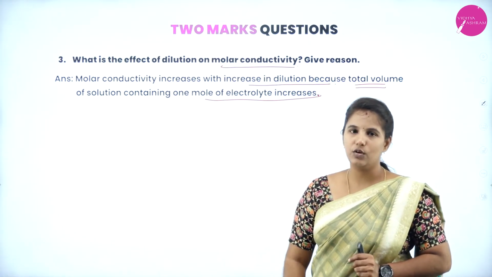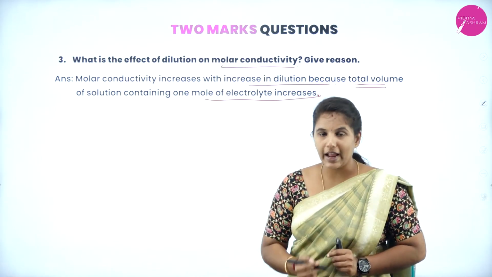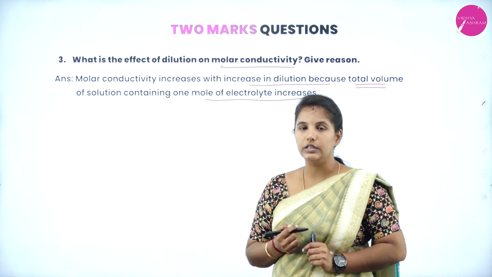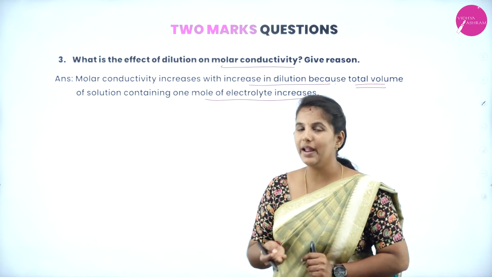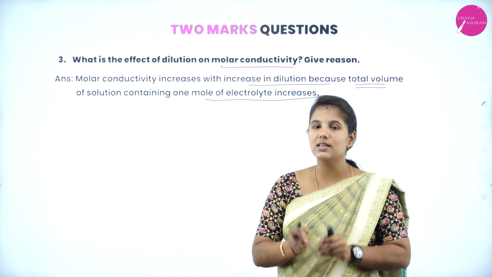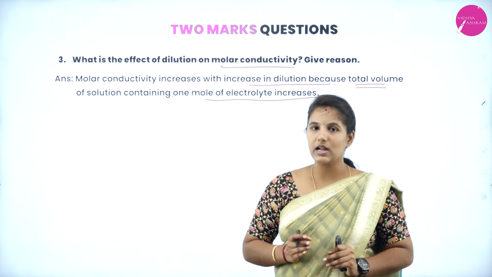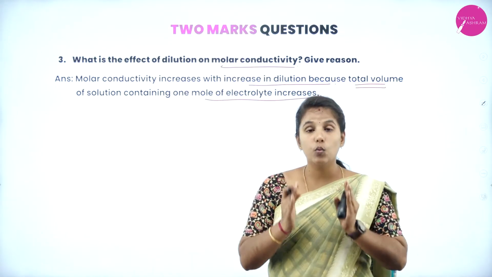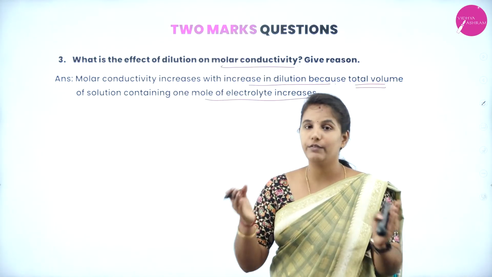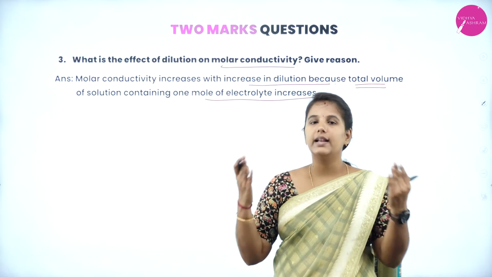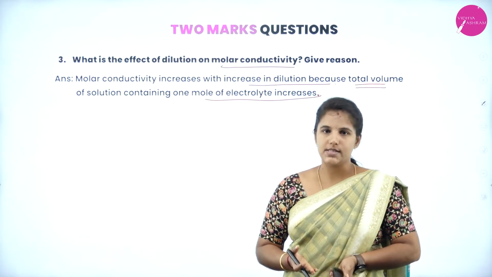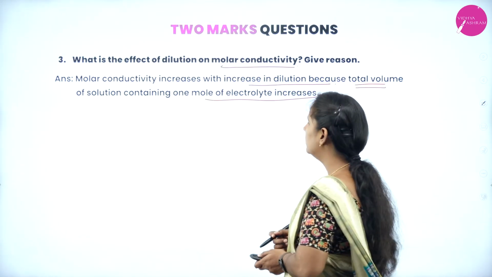That is why, even if you dilute the solution, molar conductivity will increase. Why does it increase? Because in molar conductivity, we have taken 1 mole of an electrolyte. If you dilute it, its conductivity will increase. Hope you all understood now.